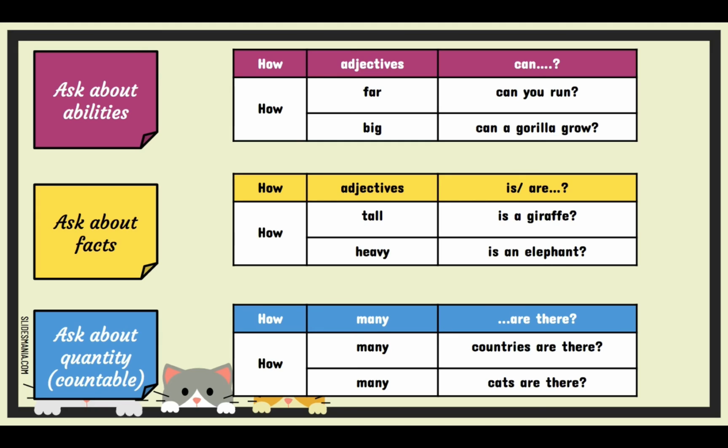So, you can use questions with how in three different ways: first, to ask about abilities; number two, to ask about facts; and number three, to ask about quantity, which is countable. Do you understand this? Excellent.